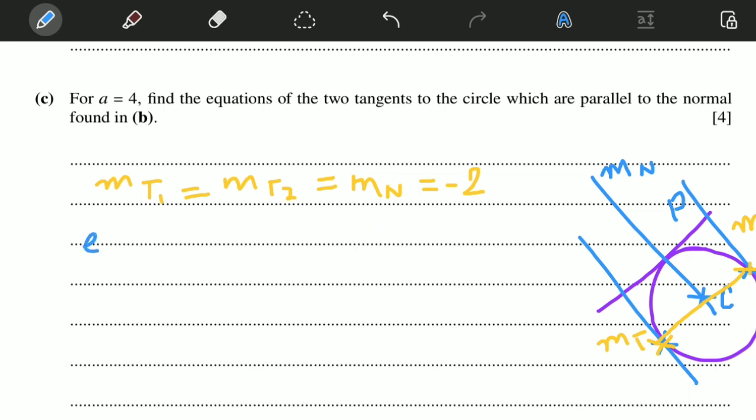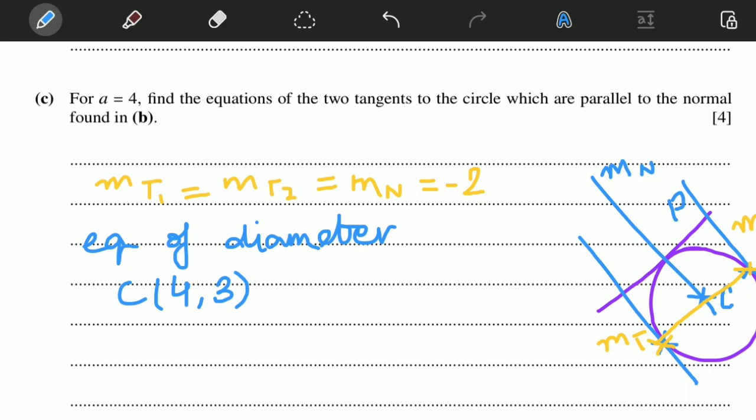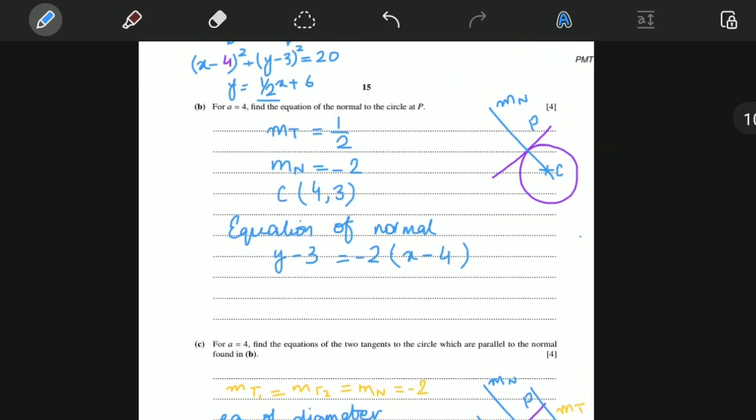For that we first need the equation of the diameter. How? We have a point that is the center, that was 4 and 3, and the slope was parallel to the slope of this tangent line that was originally given. So that slope will be 1/2. Let me just check it from above. Yes, center is 4, 3 and slope is 1/2.